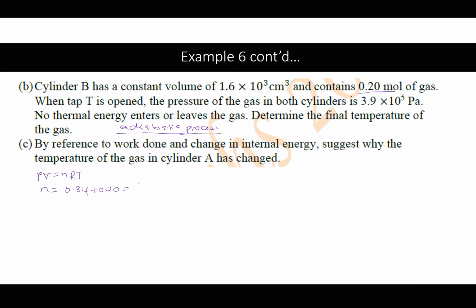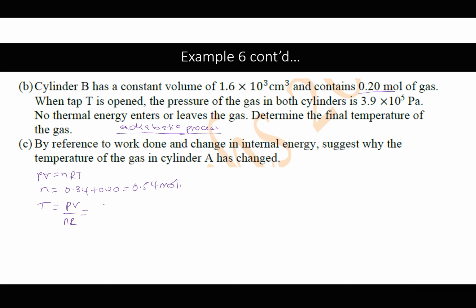This gives us a total of 0.54 moles in the two cylinders. Then we now want temperature. From temperature equals PV divided by nR, I will find the temperature when the tap is opened.